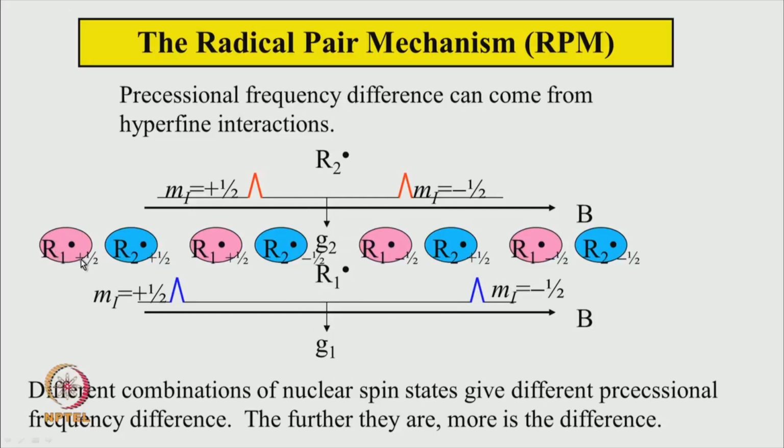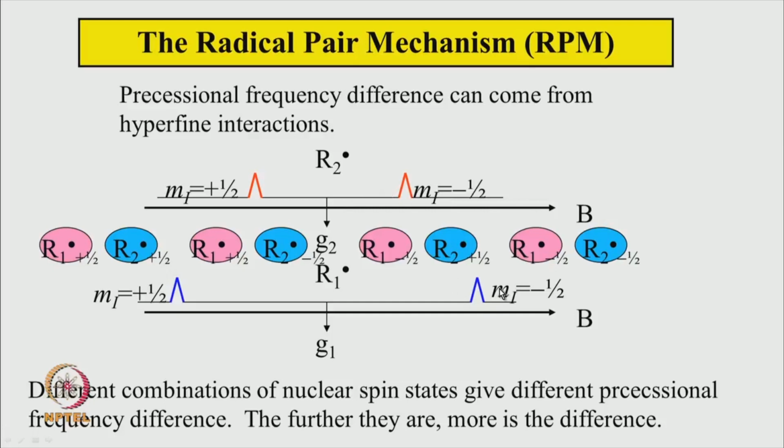So, radical 1 can have alpha or plus half nuclear spin, radical 2 can have plus half spin state, that means this transition is here, for R2 this here. So, the difference in precessional frequency is this much between this and that. Similarly, here both could be minus, then the difference in precessional frequencies between this and this.